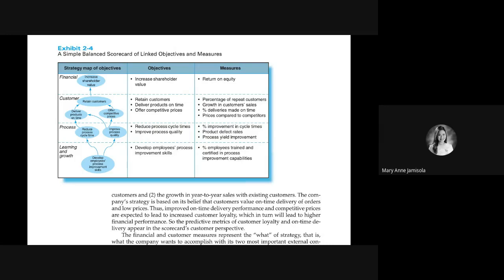So first, lay out your perspectives. We have the four perspectives. And then define your objectives. And then your measures that you use in order to check whether we have achieved our objectives or not. And then lastly, set a target.